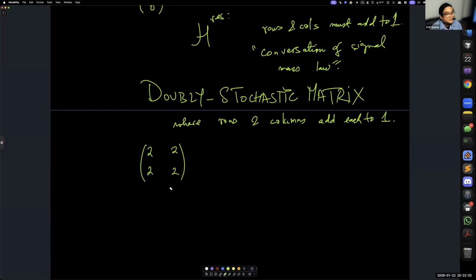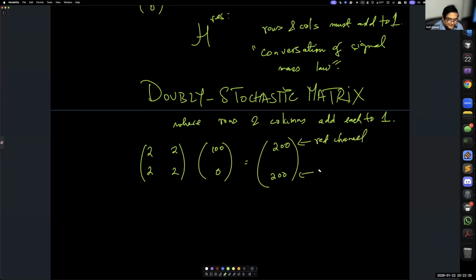You have 100 red photons and 0 blue in one channel. If you multiply it by 100, 0, let us see what comes out. It comes out with 200 and 200. So what does it mean? Red channel, blue channel.